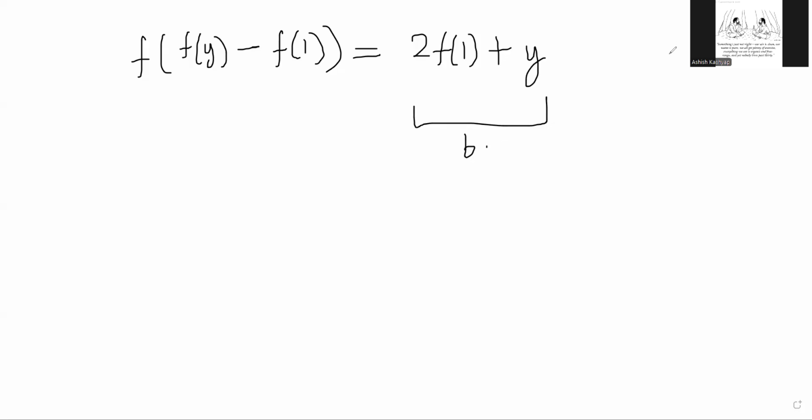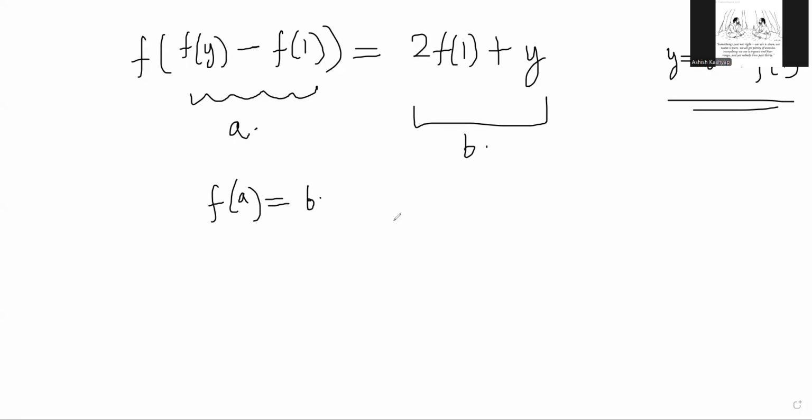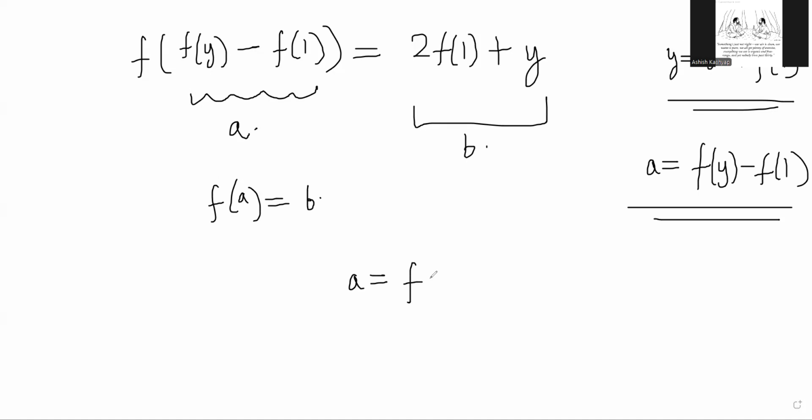And what we are saying is that this part becomes my a, right? So we have the condition f of a is equal to b. So whenever we choose y as this, my a becomes what? f of y minus f of 1, right? So what is y here? We can put a is equal to f of, instead of y, we can put b minus 2f of 1, minus f of 1.